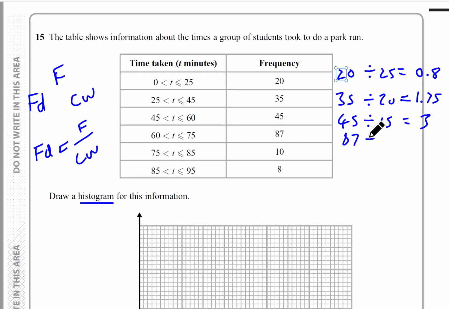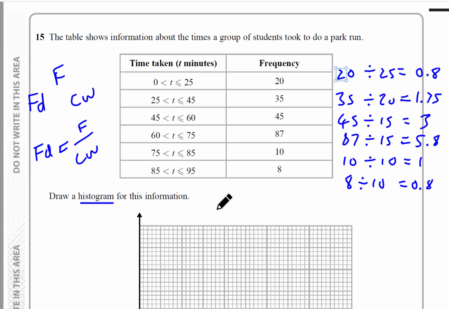Next one is 87 divided by 15 equals 5.8, 10 divided by 10 equals 1, and 8 divided by 10 equals 0.8.